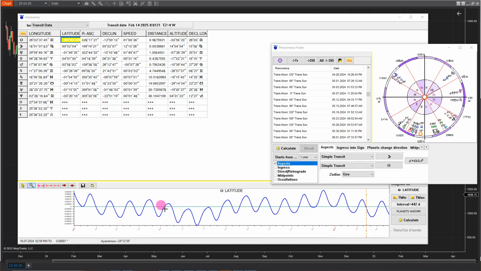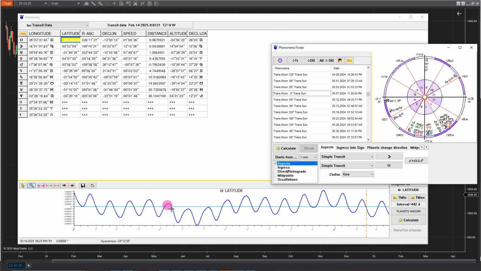Notice how the latitude moves up and down. Now the zero cross is on 5-7. You can see the aspect is on 5-7. Moving forward through May, the high is 5-12. So is the aspect, the sextile.